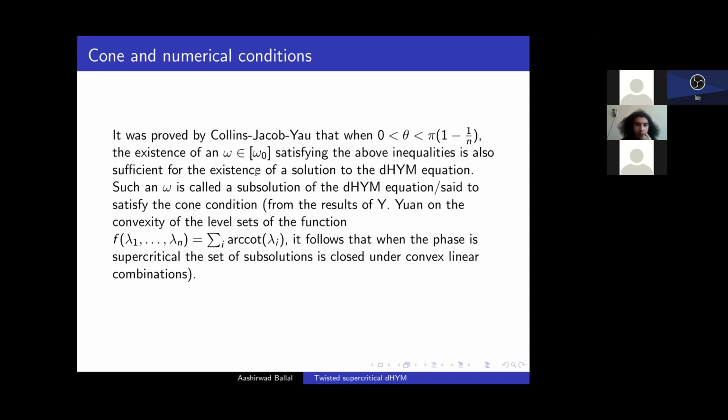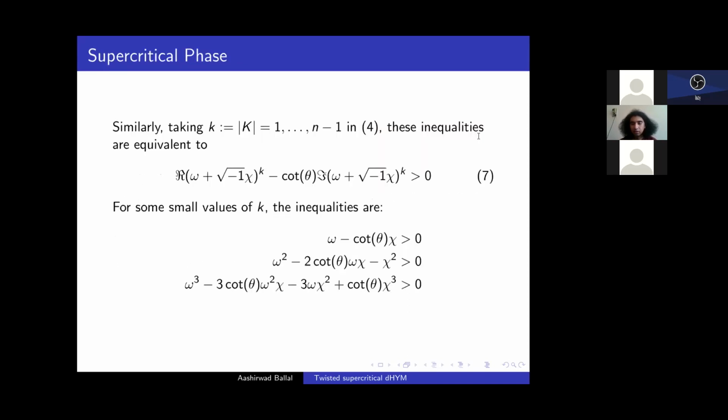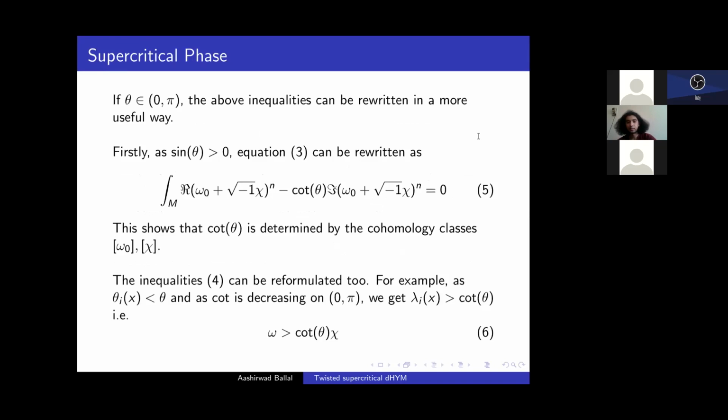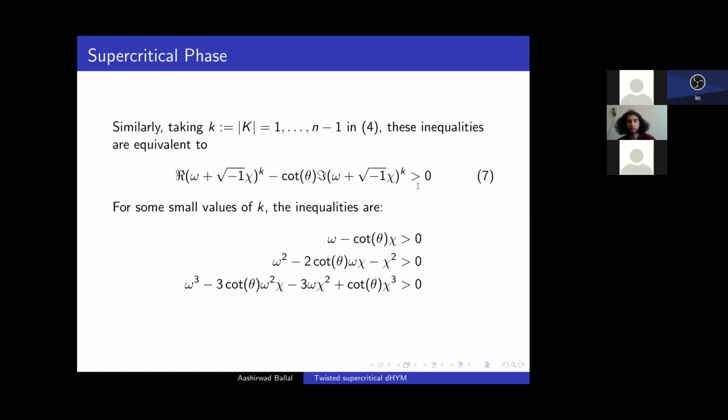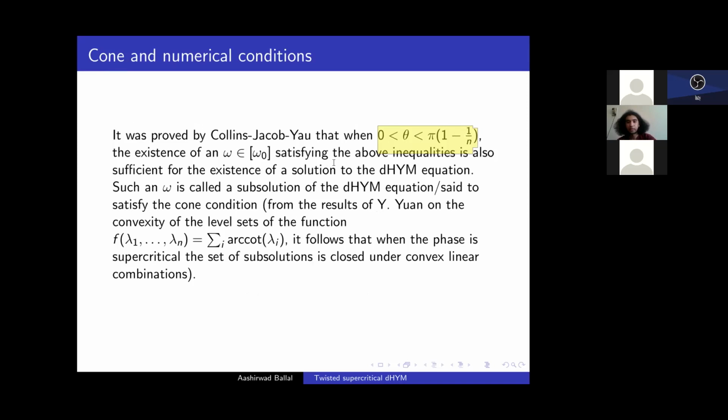Now, it was proved by Collins, Jacob, and Yau that when theta is in this range, if you have an omega satisfying these inequalities, and this one, but this depends only on omega, then you're guaranteed a solution to the dHYM equation, and such an omega is called a subsolution of the dHYM equation.